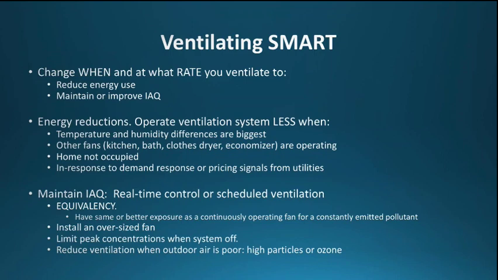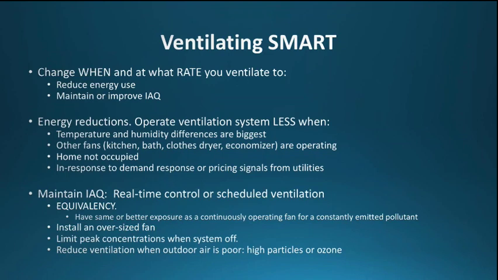The dumb ventilation system is what minimally meets whatever standards apply at the time, such as an airflow every hour of the day. So for energy, we can achieve energy reductions if we're willing to change when we ventilate, because we can operate the system less when there are bigger driving forces, temperature, humidity.